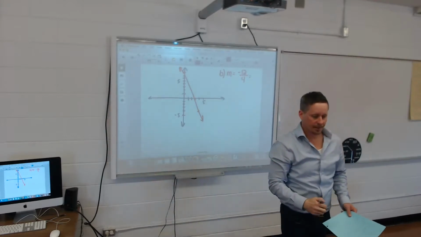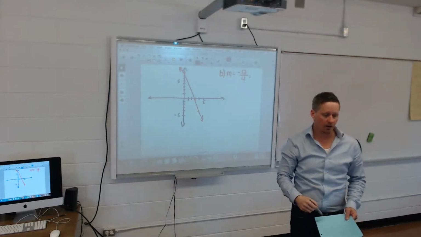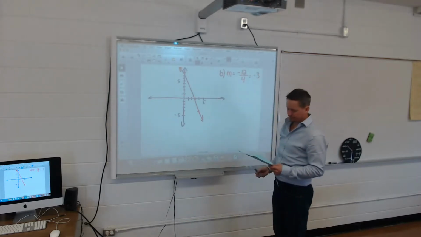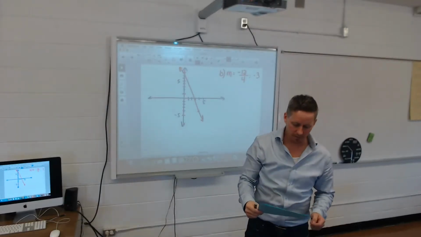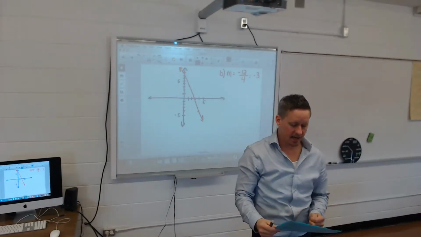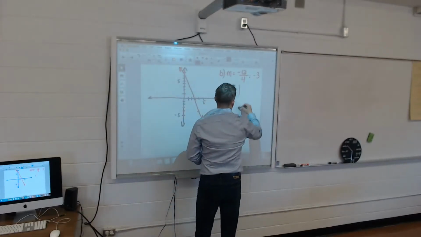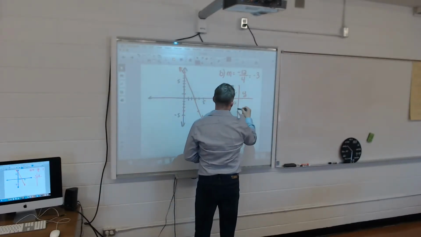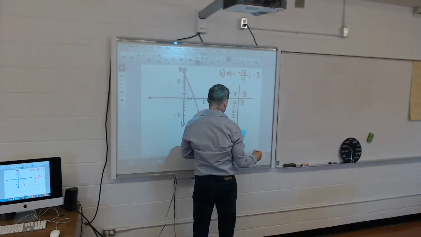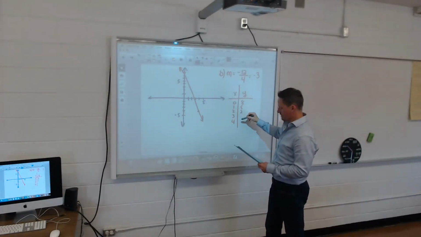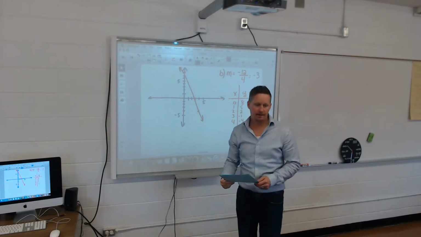So my slope is -12 over 4. 12 down, 4 to the right, or -3. That's my slope. And then it said make a table of values. If you graphed it, you could just write them out. So I had 0, 8, 1, 5, 2, 2, 3, -1, 4, -4. And that's my table of values.